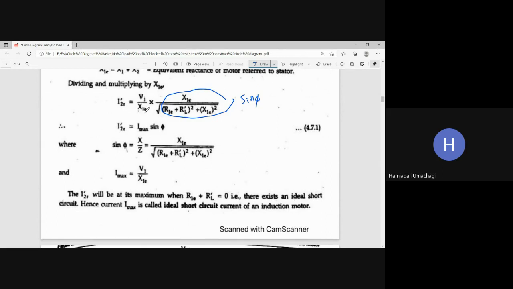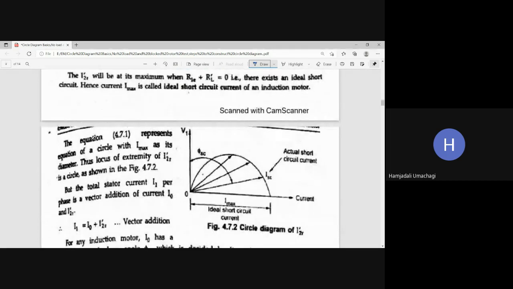The locus of the extremity of I dash 2R is a circle, as shown in figure 4.7.2. If equation 4.7.1, that is I dash 2R equal to Imax into sine phi, is the equation of a circle, then we are going to draw the circle diagram for this equation.